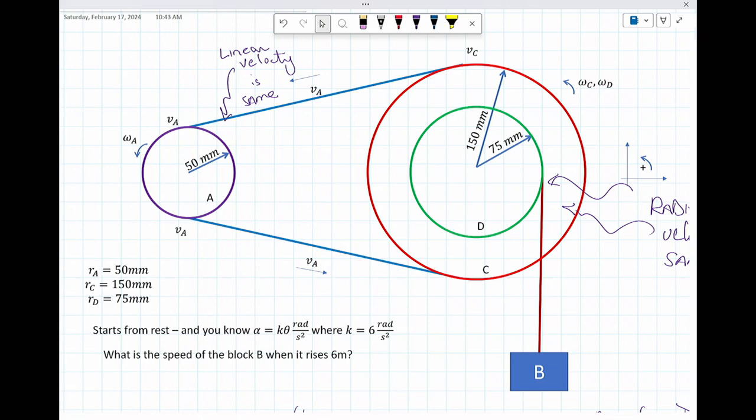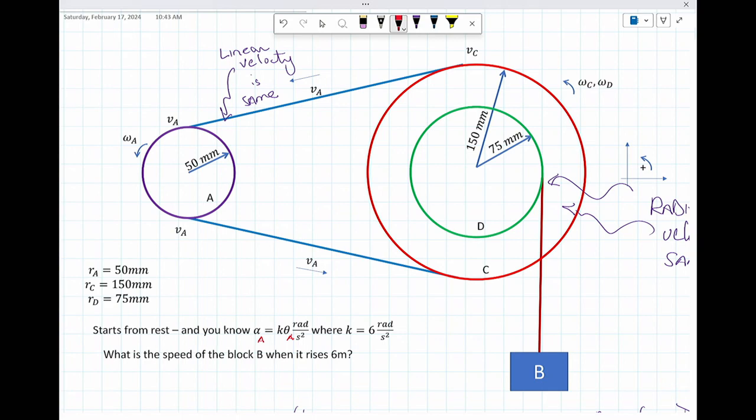I think there's no B. You were given that it starts from rest, and the one thing I didn't say is that it's alpha A, not alpha. And k is equal to 6 rads per second squared, so you're given all of that information. What is it, the speed of the block after it rises 6 meters?